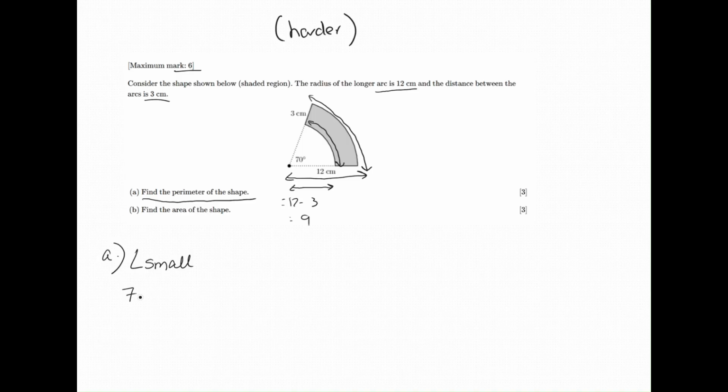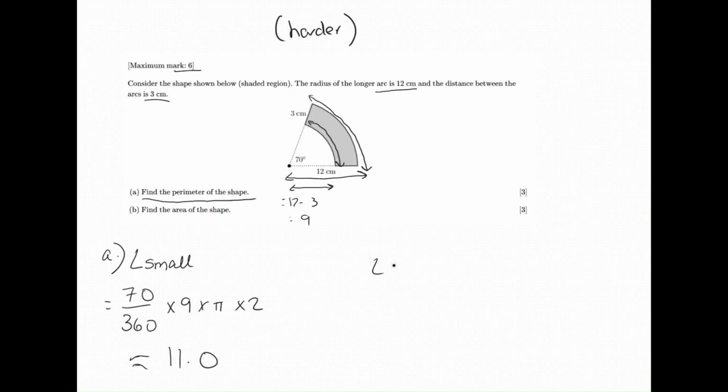So what I have to do is 70 over 360 times 2 times pi times 9. And so this will give you 11 centimeters approximately.